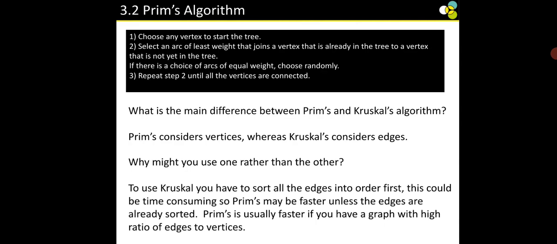Then as usual in Prim's algorithm, we will be starting with the tree. In the tree we will be having a root node. Then you have to select the arc. That means you have to select the edge, that is the least edge. Then if there is an arc of equal weight, or randomly least compared to other edges, we have to choose that.